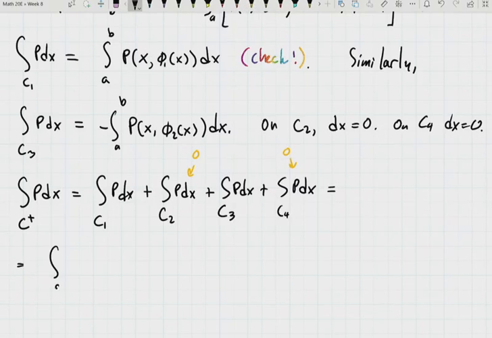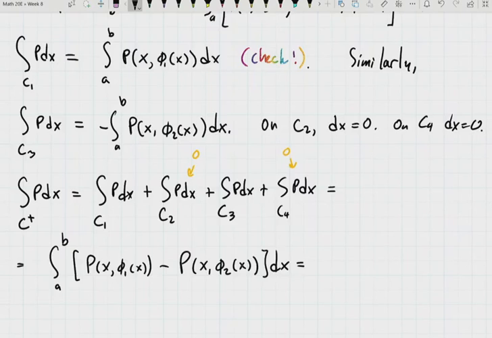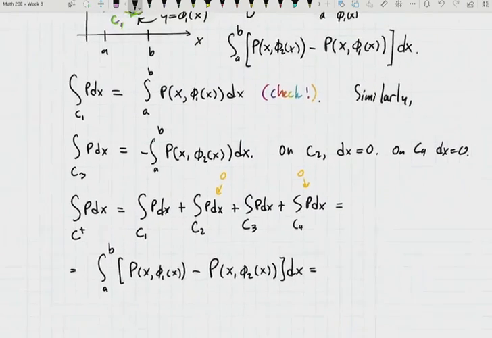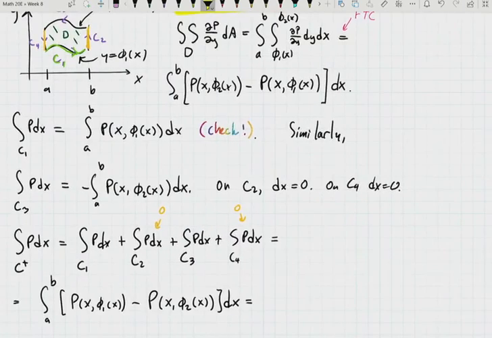to be the integral from a to b of p of x phi1 of x minus p of x phi2 of x. Is this what I want it to be? Oh, yeah.